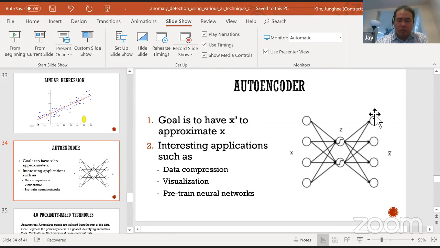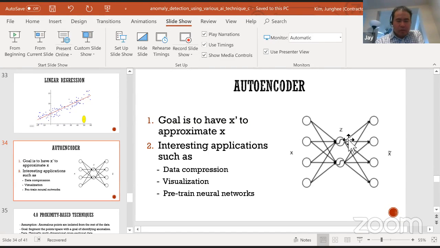We call this the generated data, which is the approximation of the actual original data. Also, in the latent space, we can check different ways of approximation and see the representation in the middle layer.